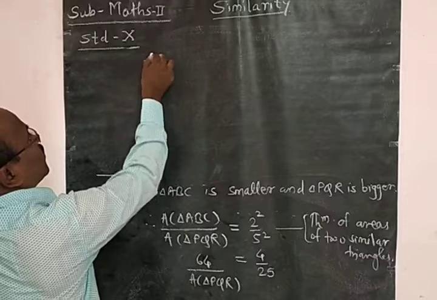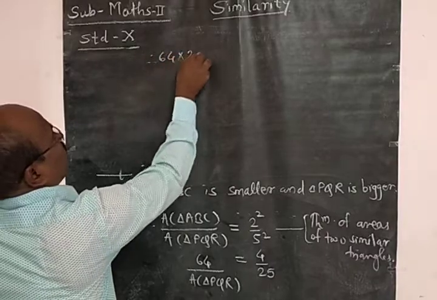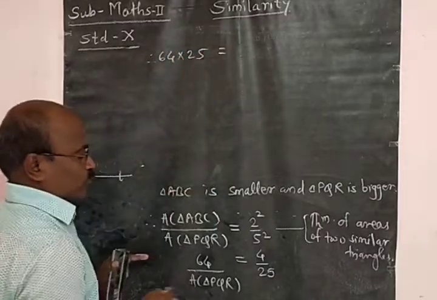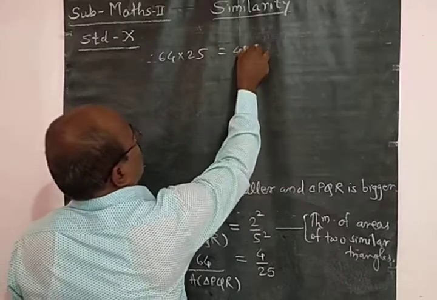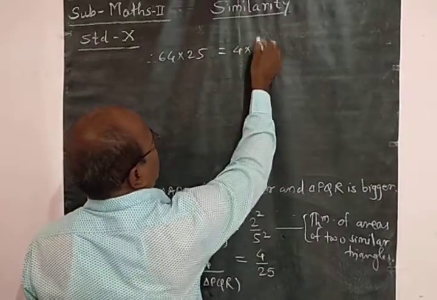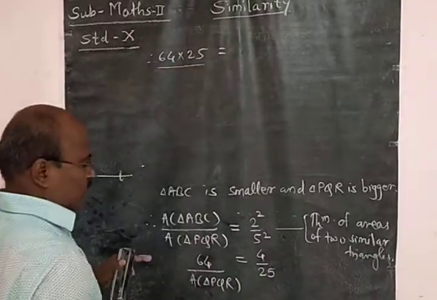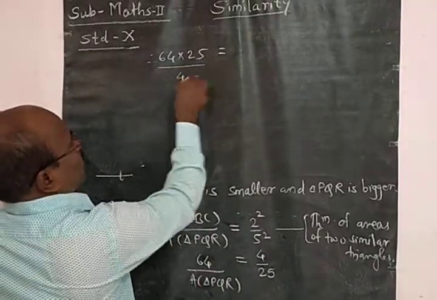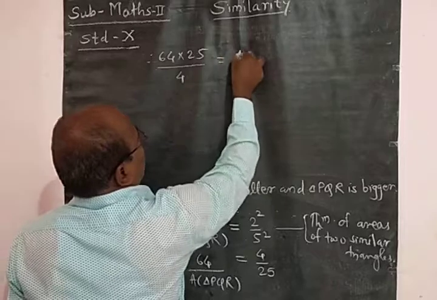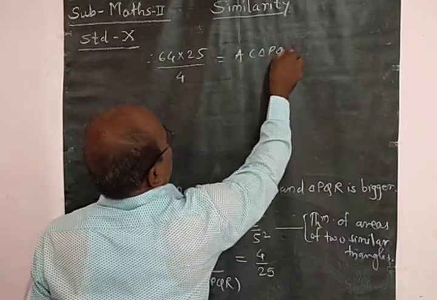Here 64 into 25 is equal to 4 into area of triangle. Take this 4 to this side, divided by 4, and take here area of triangle PQR.